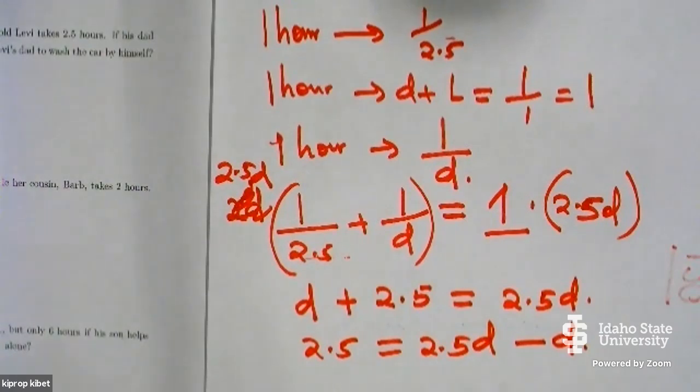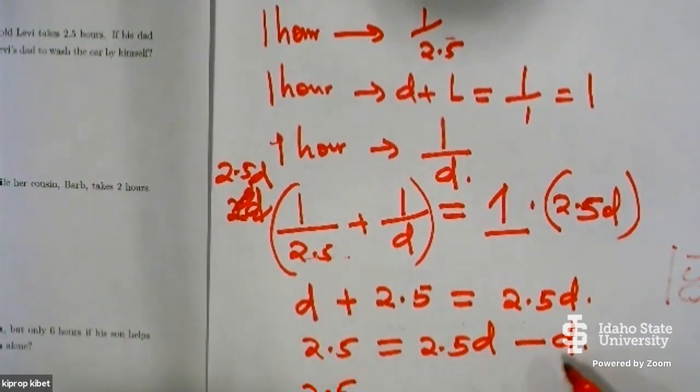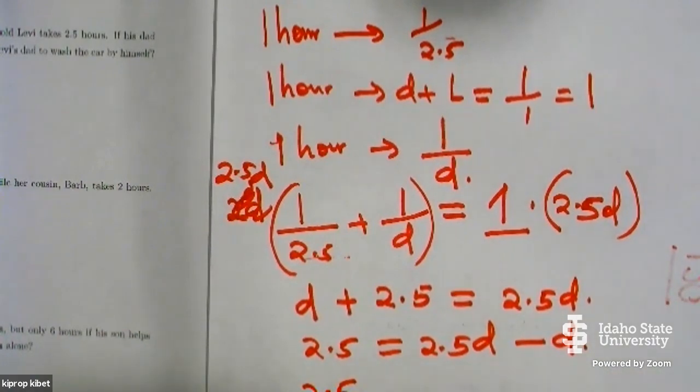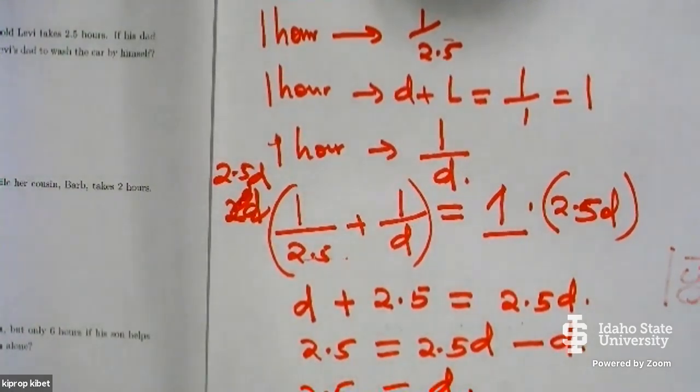So what do you get there? You get 2.5 all over what? 2.5 minus D is what? Minus 1 is what? 1.5, right? Equals to D. So what will be our answer? So what is D?